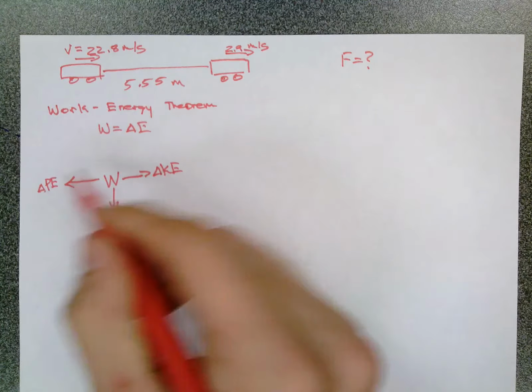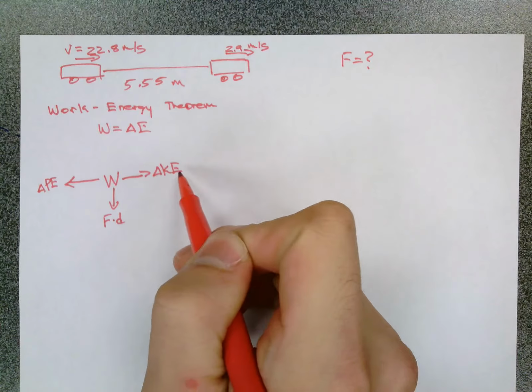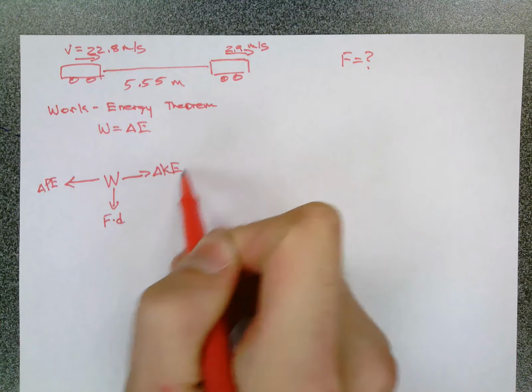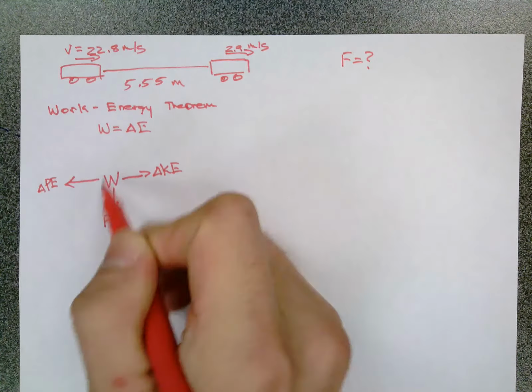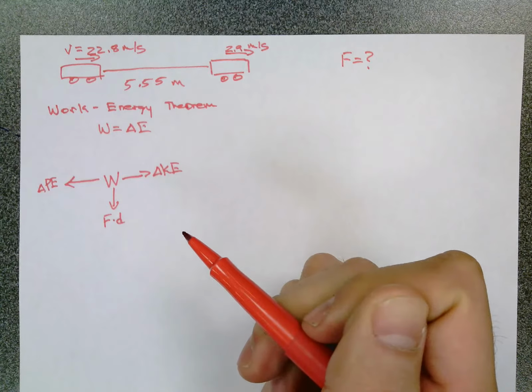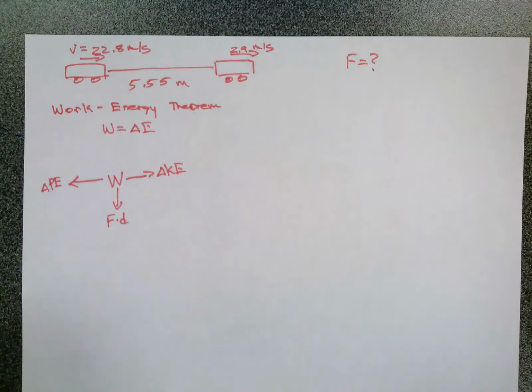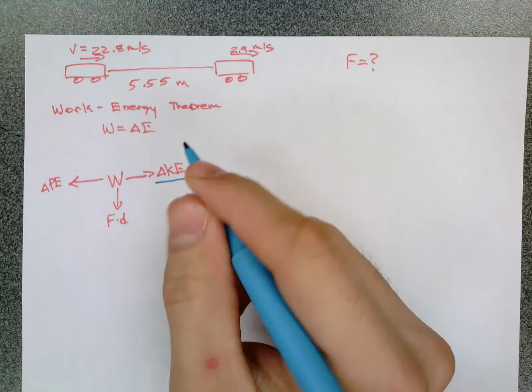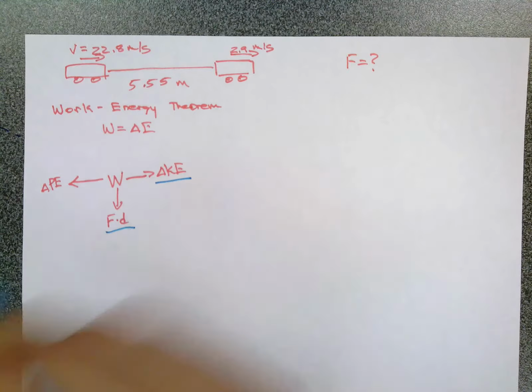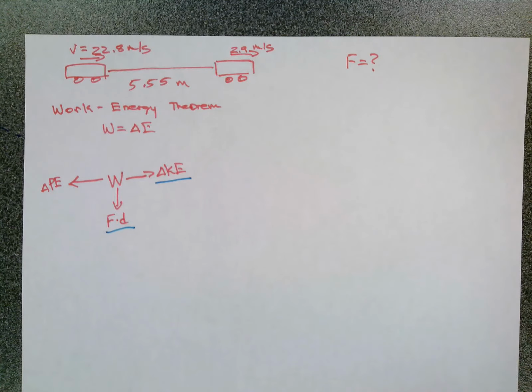So you have to take the givens and see which two or more values equal each other. In this case, you'll see that we'll need kinetic energy to equal force over a certain distance. And that all comes from our givens.